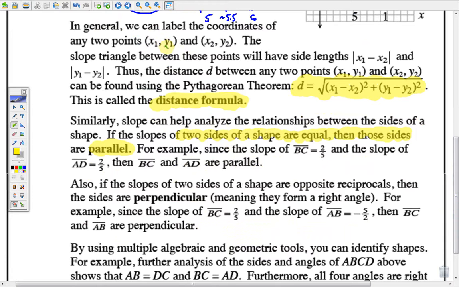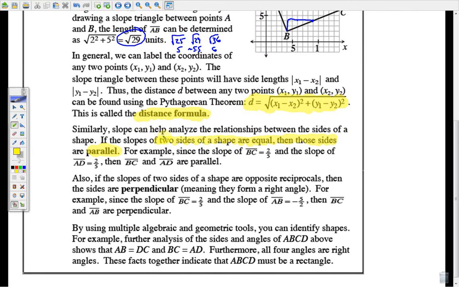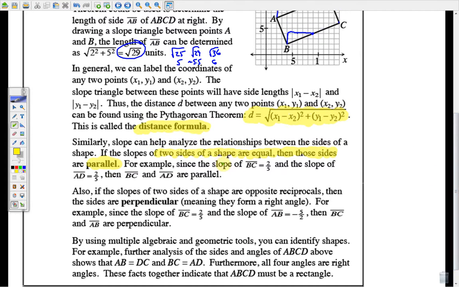Also, if the slopes of two sides of a shape are opposite reciprocals, then the sides are perpendicular, meaning they form a right angle. So if we flip the fraction and change the sign, we get the perpendicular slope. So the slope of the line perpendicular to BC would be 5 over 2, and we would change the sign from positive to negative, so negative 5 over 2.